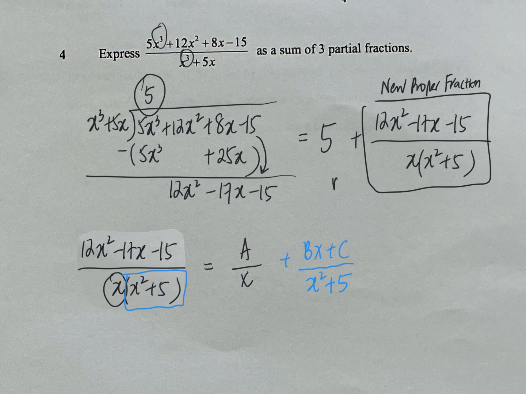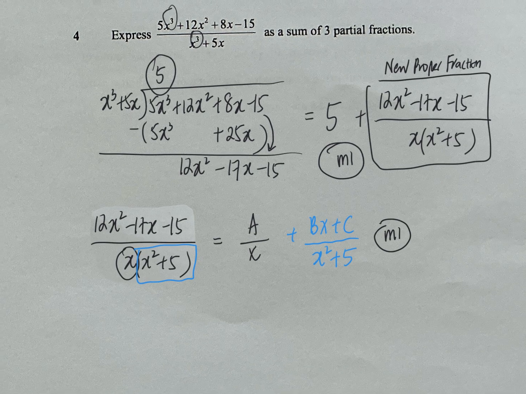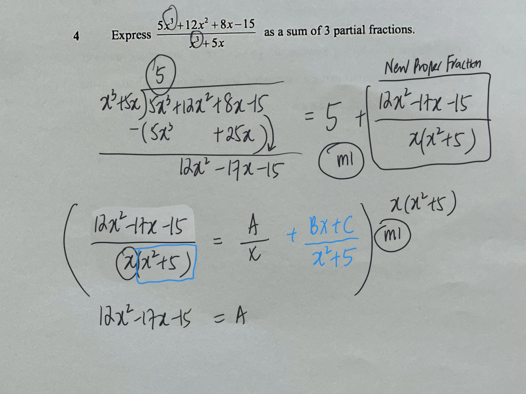So first mark is you making it proper. Second mark is you splitting it into the correct one. Third mark is multiplying everything by LCM. So you end up having this thing, okay, and then the last one, this one.